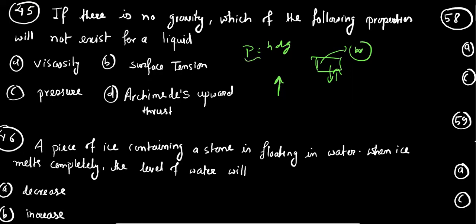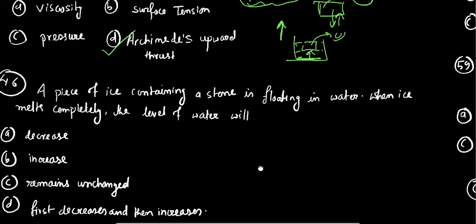Though there might be a kind of pressure, because if we fill a vessel with some liquid, then of course there is pressure on the surface. But if we place any object here, and the weight of that object is 0, there is no upward force. So the proper option is Archimedes upward thrust. So its answer is option D.